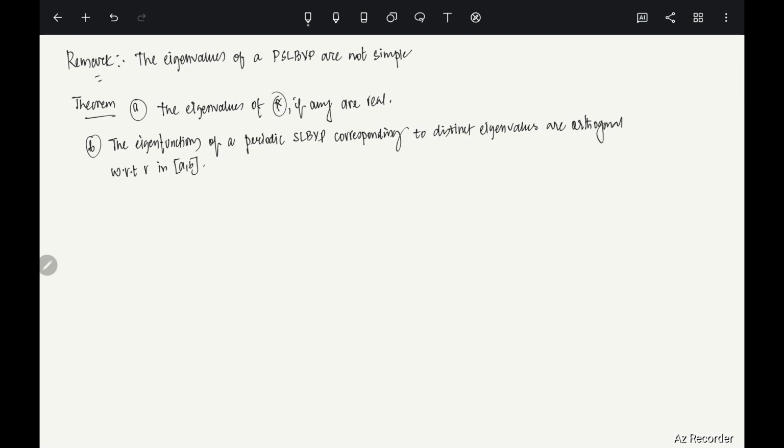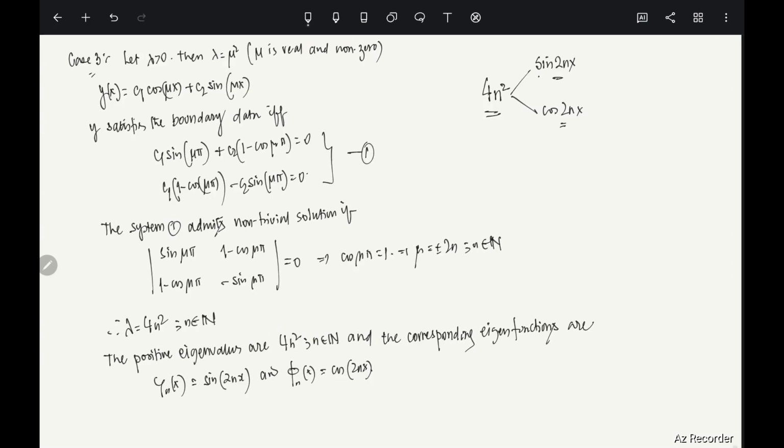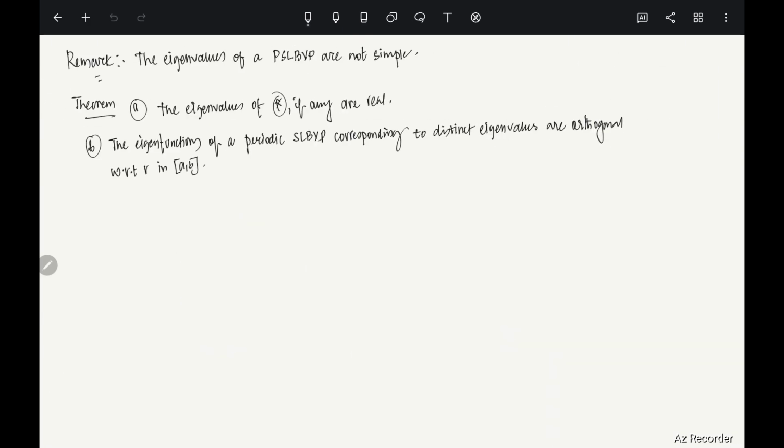Let's say you have 2 distinct eigenvalues with 2 corresponding distinct eigenfunctions. You can actually show that they are going to be orthogonal, for the regular or the periodic Sturm Liouville boundary value problem. Now, what about the other property, whether they are simple or not? With this example we have shown that this is not true for the periodic Sturm Liouville boundary value problem.